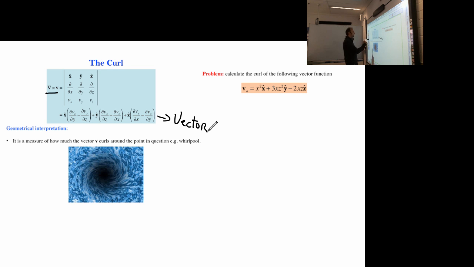Okay, so here we have our expression for the curl of the vector function, and we're going to use this in order to determine the curl of that vector function. So we have the curl of a vector function is going to be equal to, so we're going to do this one first of all.